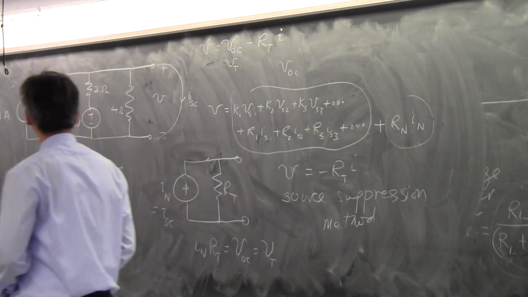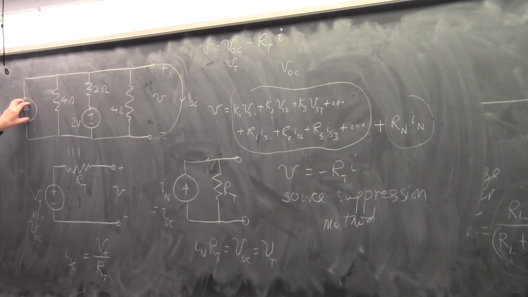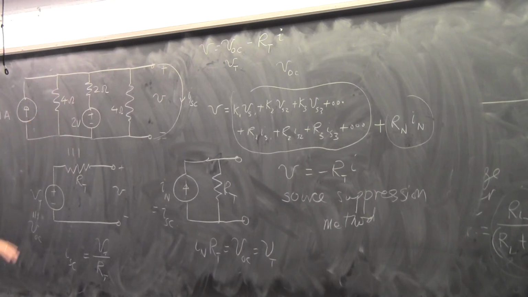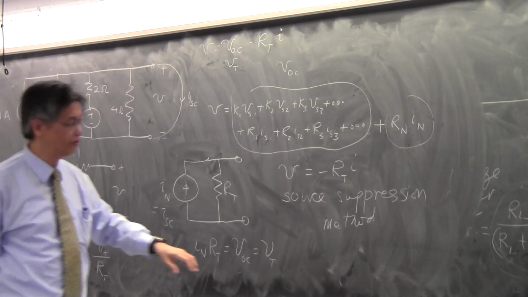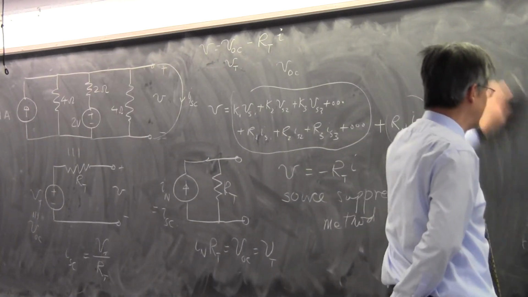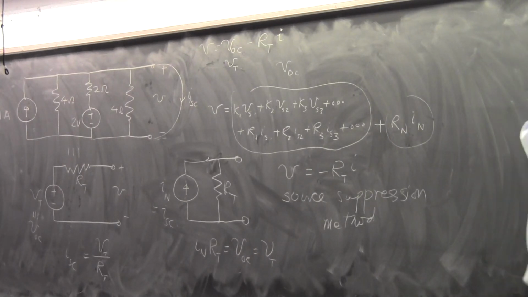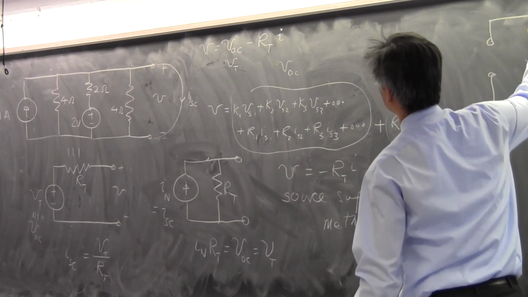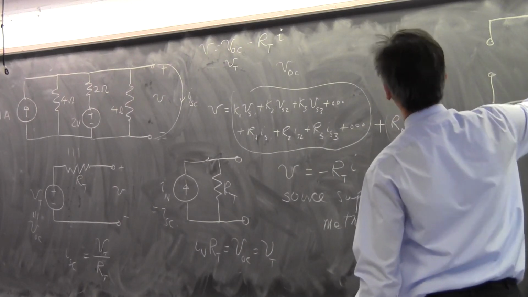Okay, that would be equivalent to putting what kind of thing here to turn off the current source? An open circuit. And what kind of thing here to turn off the voltage source? A short, right? So this would be equivalent to doing that. So in order to suppress the source in the original circuit that I've drawn over there, I would draw a diagram that looks like this, with the source suppressed.